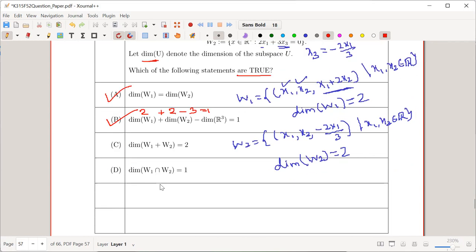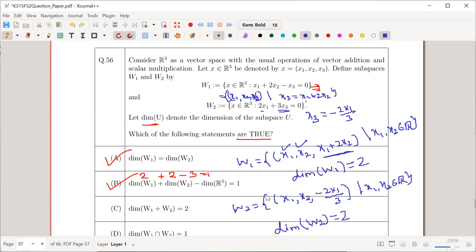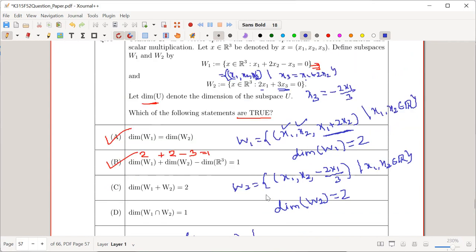Now, we have to find the dimension of W1 intersection W2. So what do we mean by W1 intersection W2? W1 intersection W2 is the set of all ordered triples x1, x2, x3 satisfying both conditions. The first condition is x1 plus 2 times x2 minus x3 equal to 0.